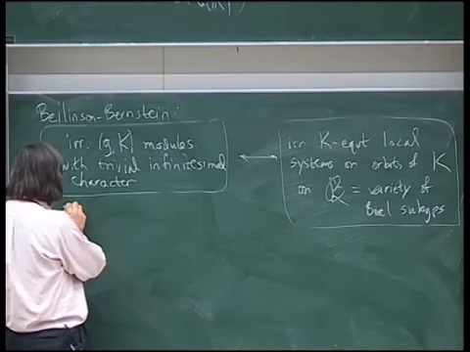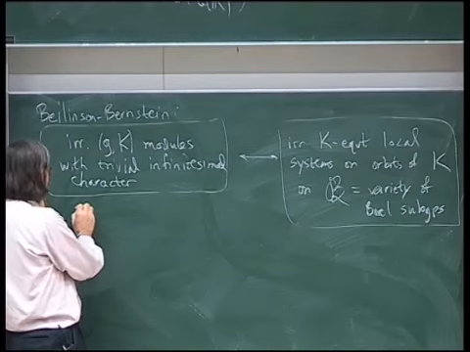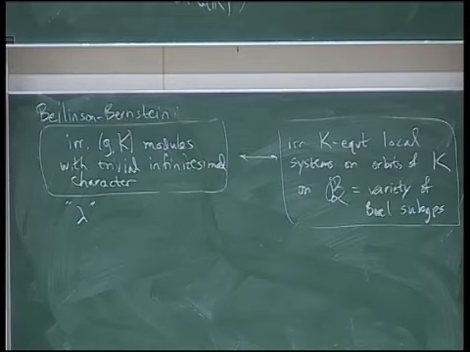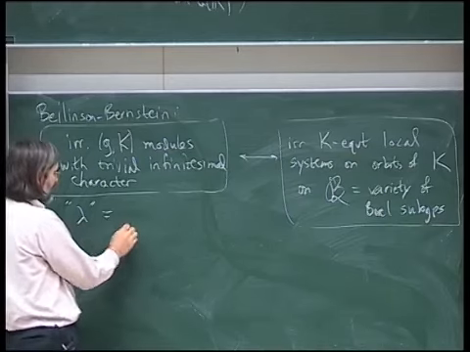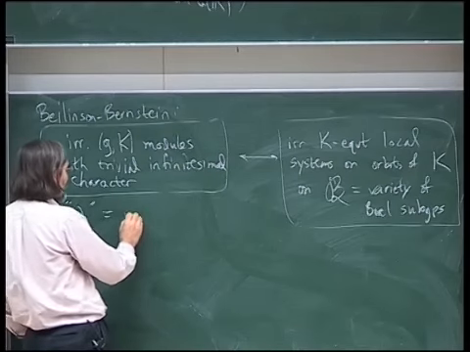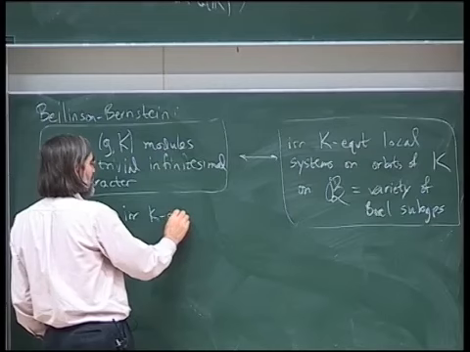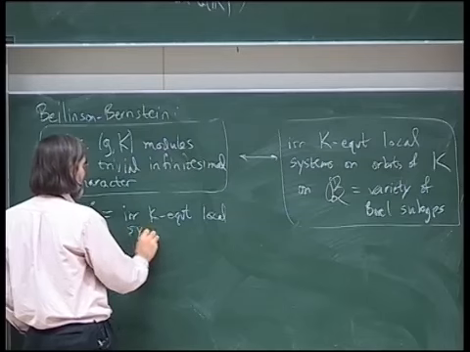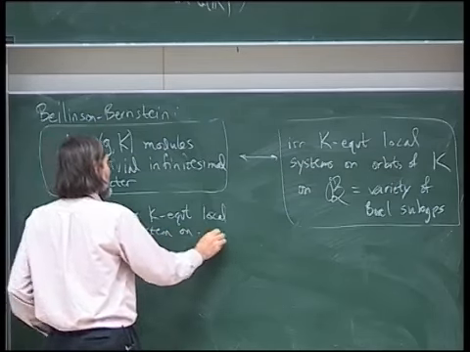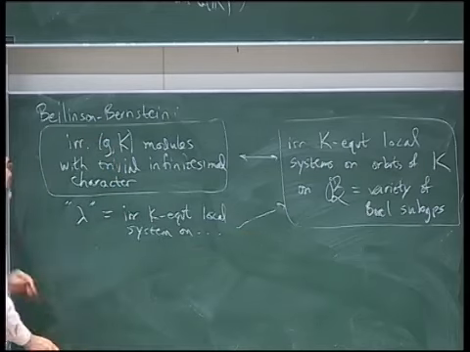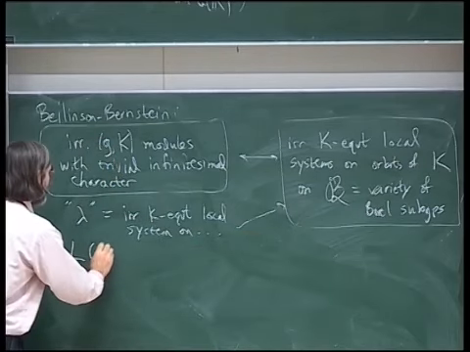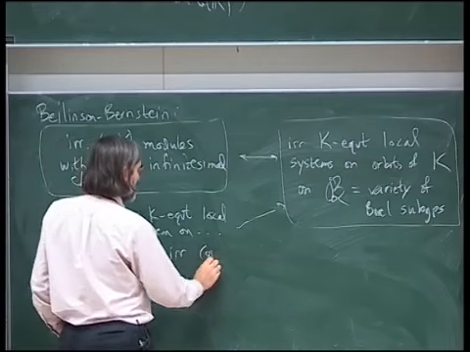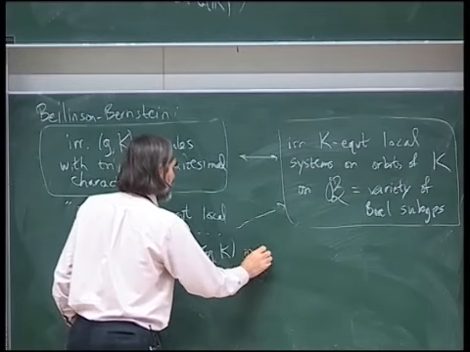Just in order to keep the analogy, lambda is going to mean some irreducible K-equivariant local system on an orbit, one of these things here, and I'll write L of lambda for this corresponding irreducible GK module.